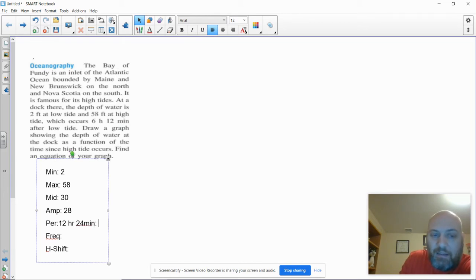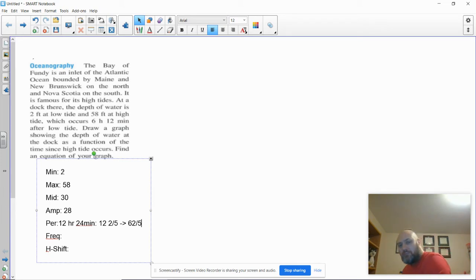I can create a fraction out of this by making it 12 hours and 24 minutes is equivalent to 12 and 2/5 of an hour, which I can then change into one fraction of 62 fifths. We'll see where that comes into play when we get to the frequency, as the frequency is equivalent to 2 pi divided by the period.